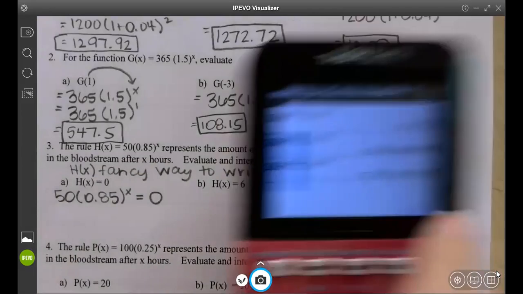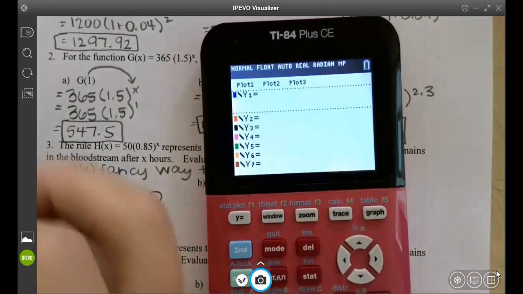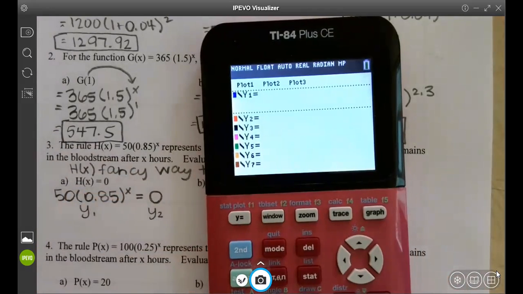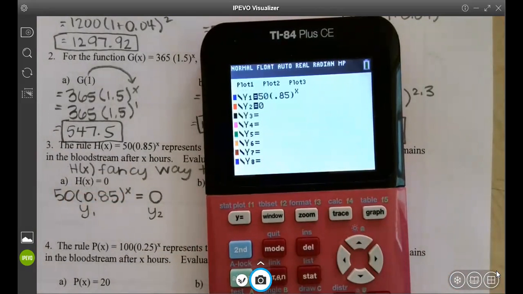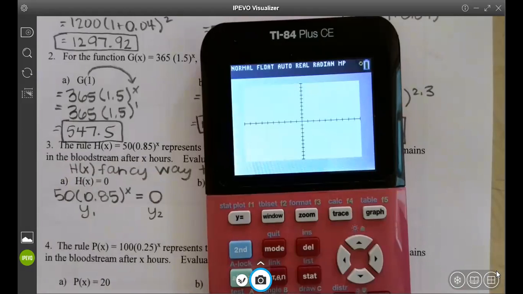You need to pay attention to how you do this. You're going to go into y equals. And in y1, you're going to put the function. And in y2, you're going to put 0. Okay, we put 0 because it was on the other side. We're going to graph it. I should see 2 lines, a blue line and a red line.